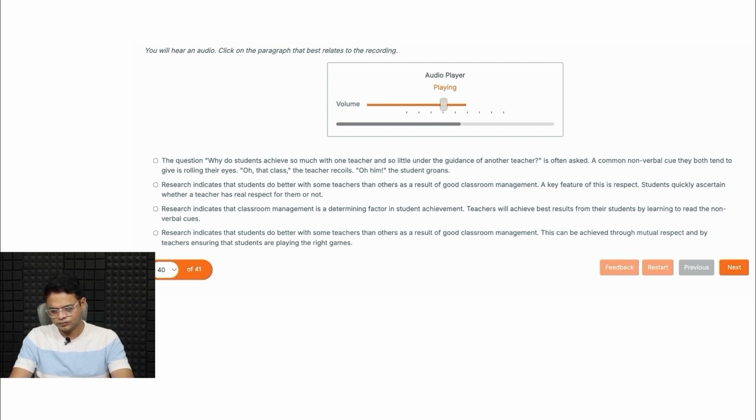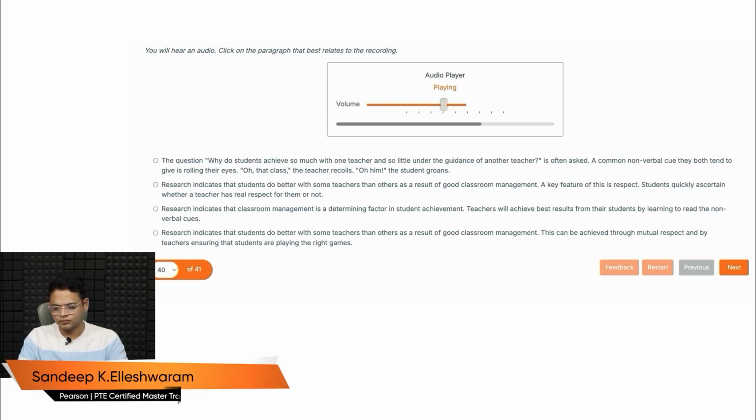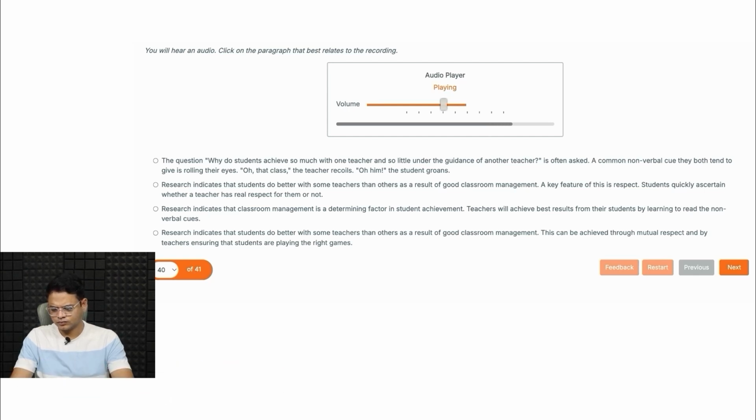A common non-verbal cue they both tend to give is rolling their eyes. Oh, that class, the teacher recoils. Oh, him, the student groans. What's clear here is a lack of respect. And don't think as a teacher you'll be able to fake it. Students are quick to smell a rat. Teachers who are not able to respect their students are in the wrong game.